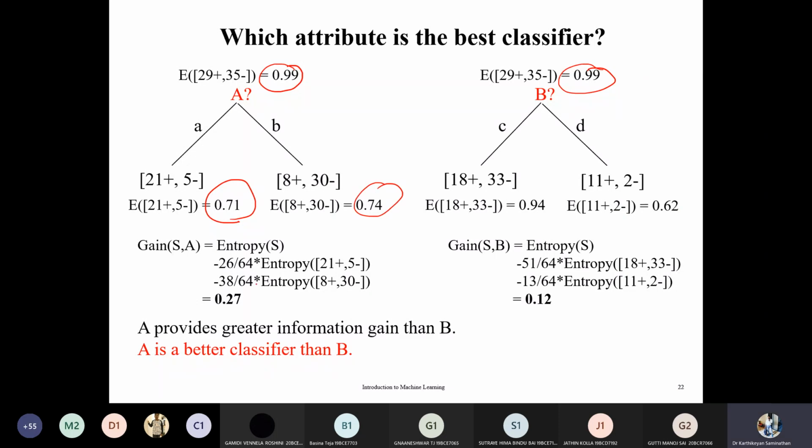Now how do you calculate the gain? I told you: for the 21 plus, 5 minus branch, 26 divided by the total 64, into the entropy value.